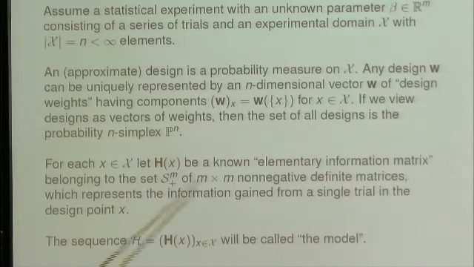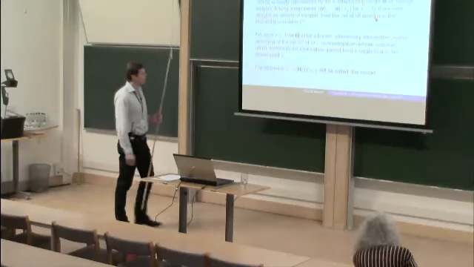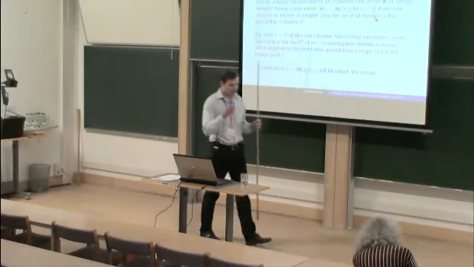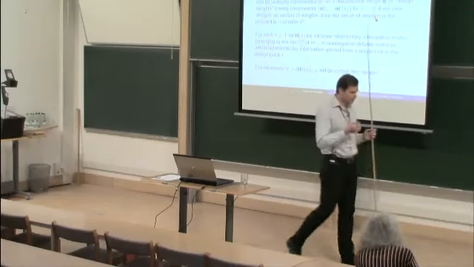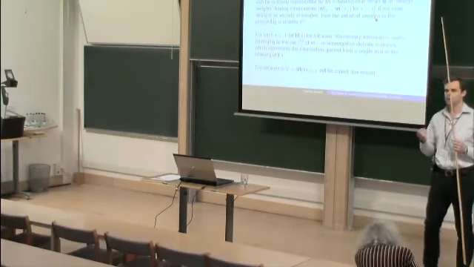It should be a non-negative definite matrix for this talk. It's just non-negative definite matrices. And the sequence of all these elementary information matrices, which I call this calligraphic H, will be called the model. It is not the model in the standard statistical sense, but it's everything from the model that is necessary to know for our design problem.